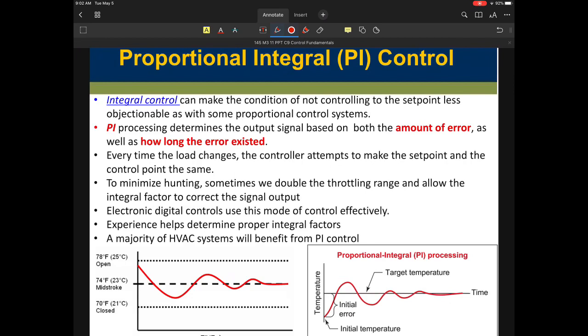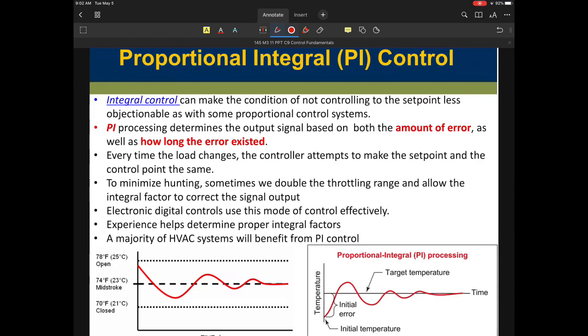Let's take a look at proportional integral control, what we call PI control. In integral control, we're taking the proportional control, which represents the amount of error, and then we also take into account a corrective measure. It looks at how long I have been away from set point.